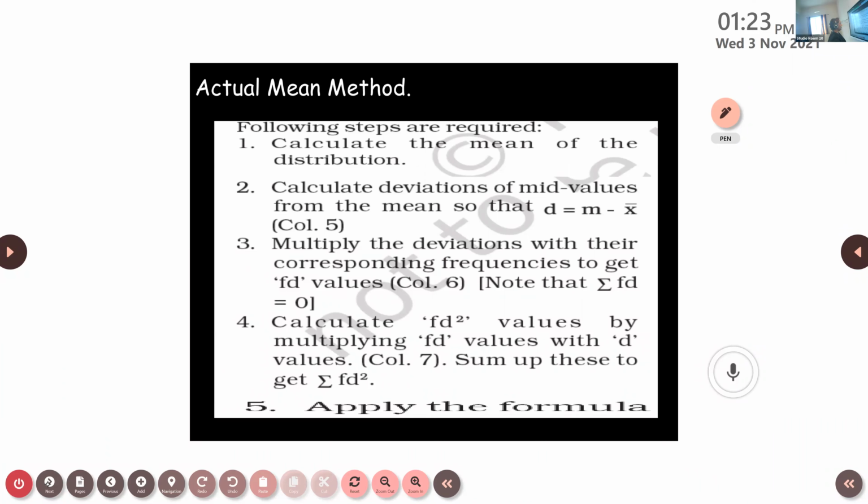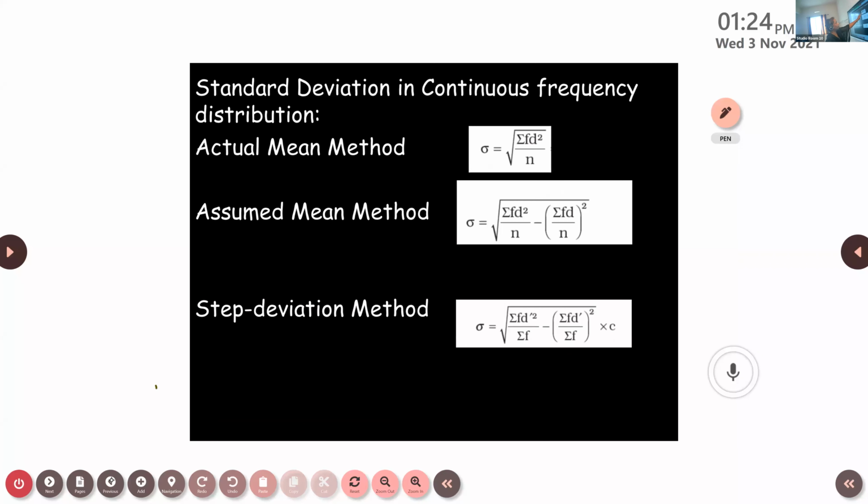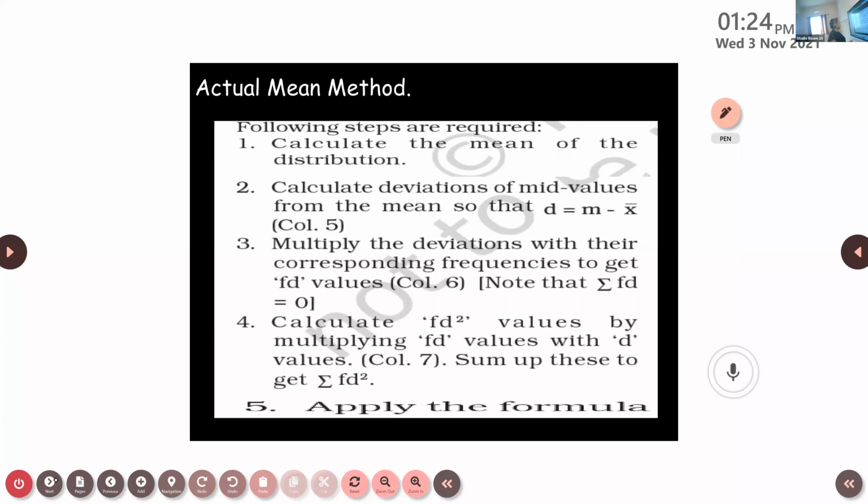So how to get D? You know that in the formula we have FD square. So D you should know. To get D, what you should do, Abhilash? M minus X bar. What is M in this? M is mid values of class interval.